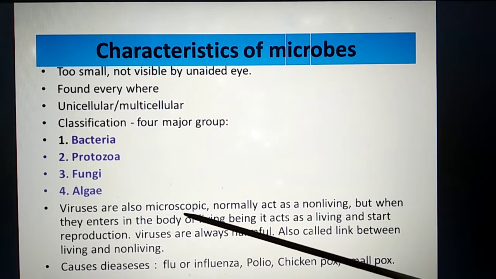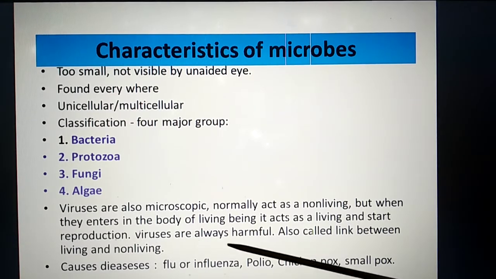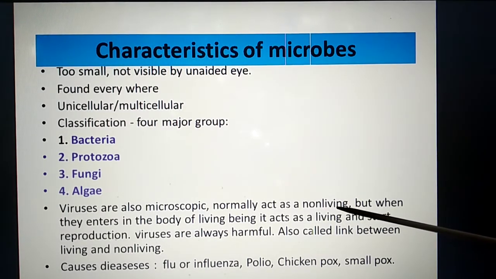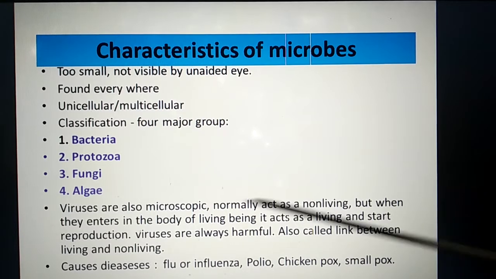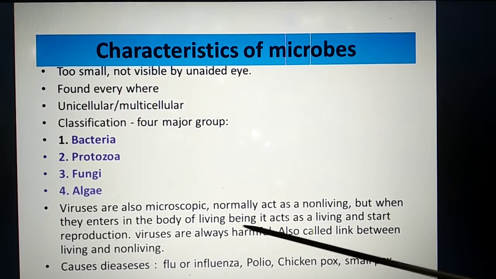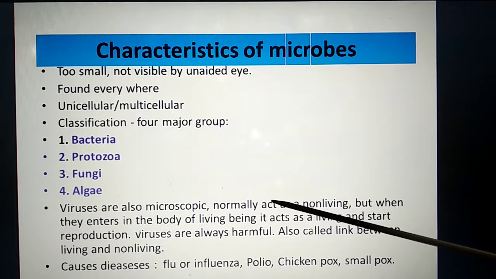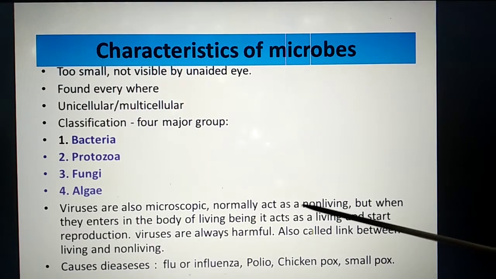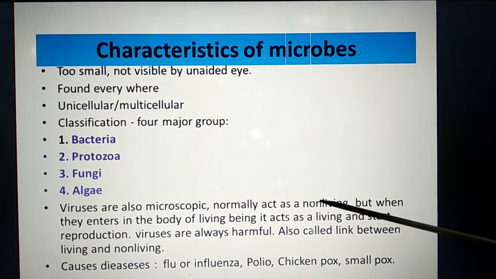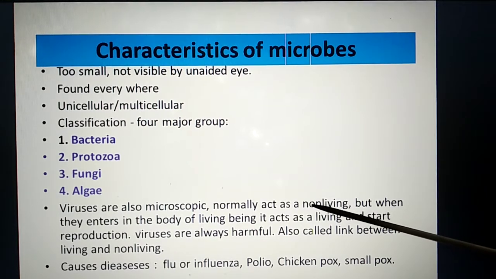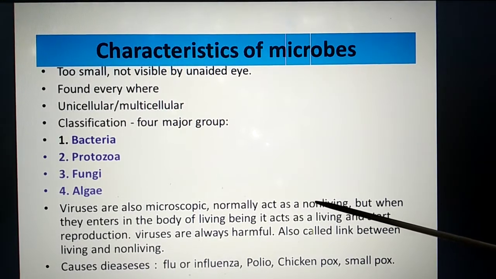Viruses are also microscopic. They can be seen only by the microscope. Normally, they act as non-living, but when they enter the body of a living being, they act as living. They can be stored in a jar also, and if they are outside the body of a living being, then they can survive for a few hours to many days, or even months or years.